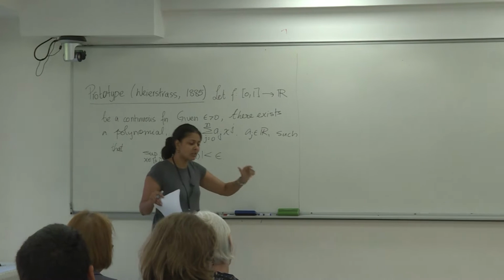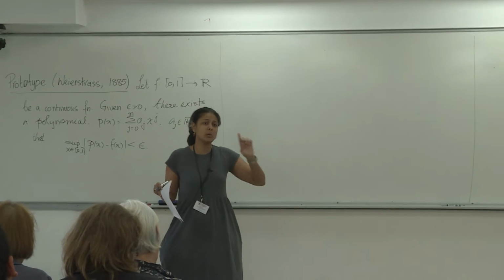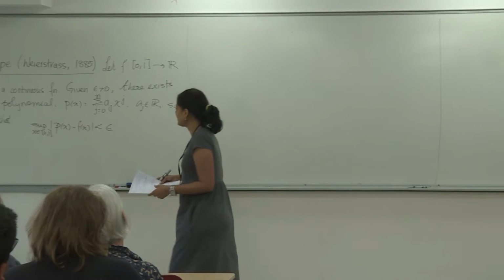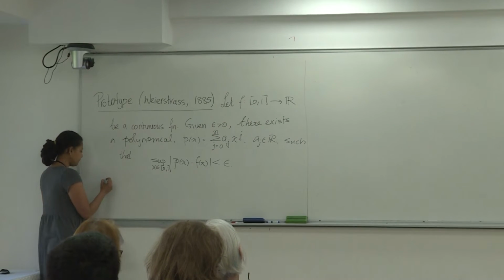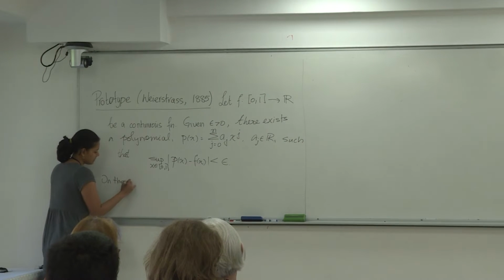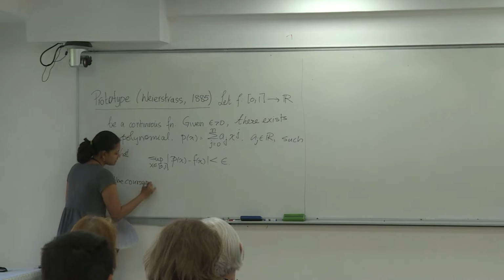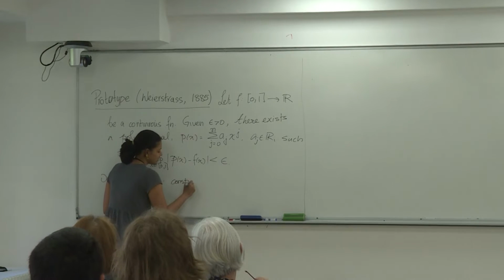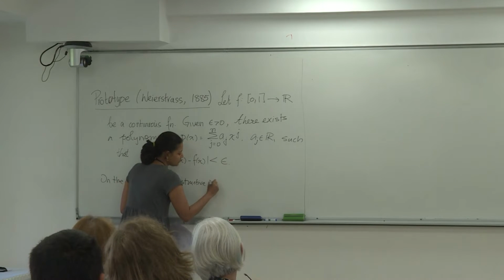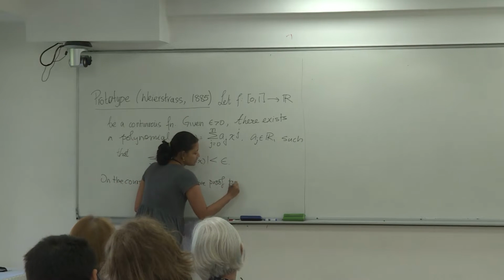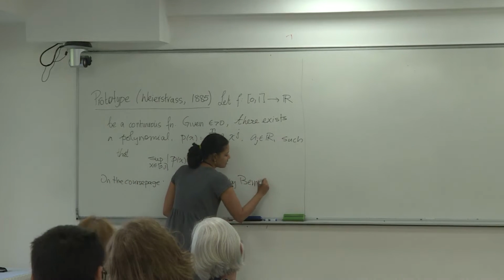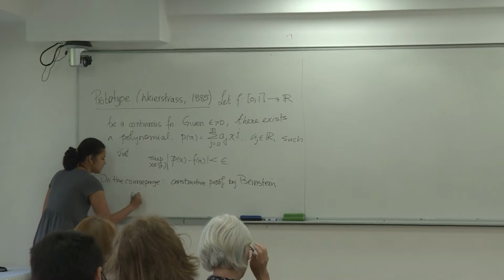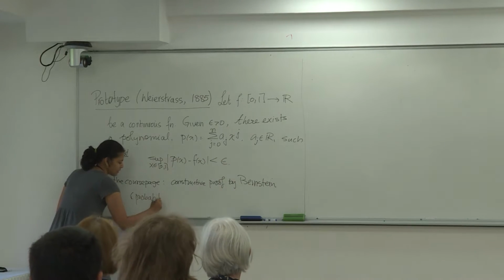Later, in a more general setting, we will get to see the original proof of Weierstrass, but there is also a constructive proof by Bernstein, and on the course page I will post a nice probabilistic interpretation of that proof.